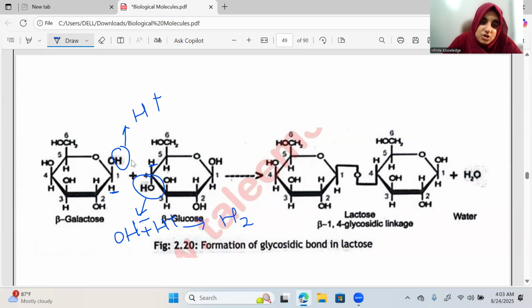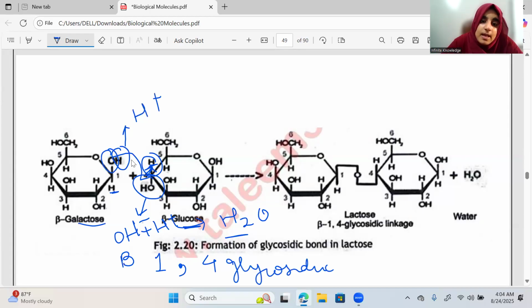This forms H2O, water, right? And this O forms a linkage with this hydrogen, okay? The oxygen of galactose forms a linkage with the hydrogen of glucose. And this occurs at carbon number 1 of galactose and carbon number 4 of glucose. That is why this is known as beta 1 comma 4 glycosidic linkage.